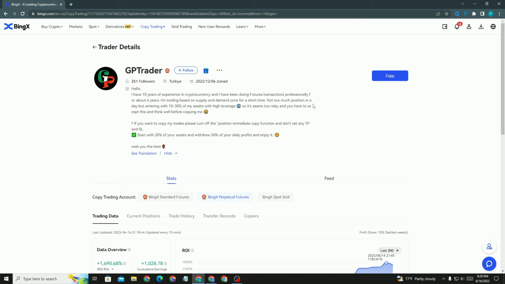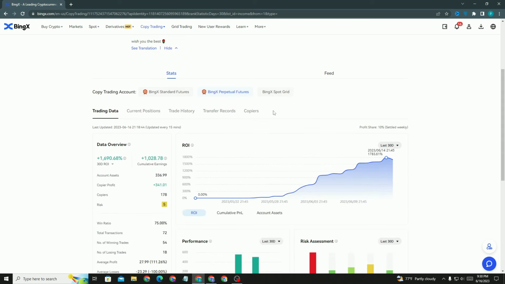So it means this trader is very good, so you can simply copy him. We'll see in detail what the things are before copying the trading over here.